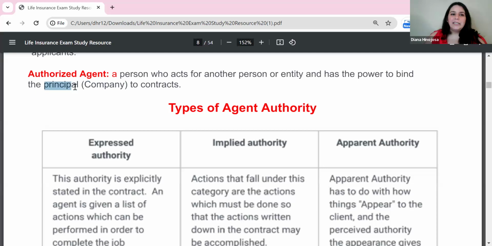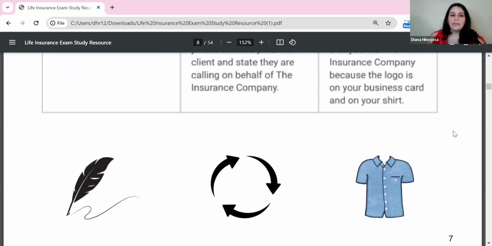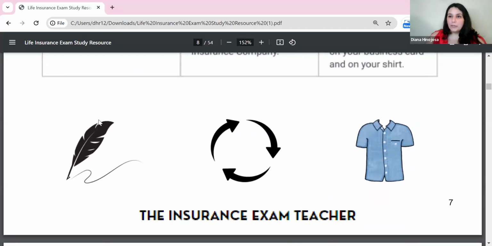But they like to use the word principal and authority because they want us to think of a high school principal, and it sounds like it could be real, but it's not. So these are your 3 types of authorities. Be aware of that question and that answer, because I've seen it come up on the exam a lot, y'all.